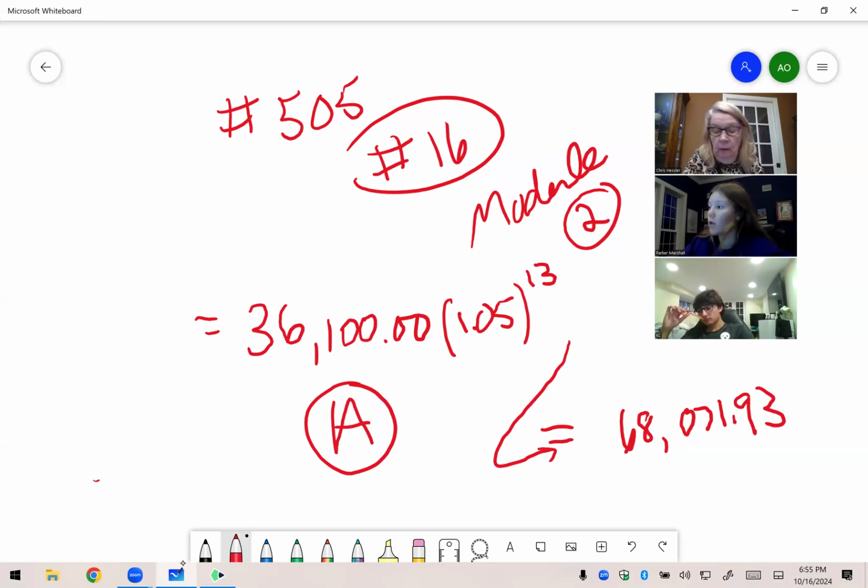Always try year 0 and you have to get the 36,100. So instantly you know it's A or D without even doing any math at all. So I always test the initial condition because you can eliminate 2 answer choices right away.